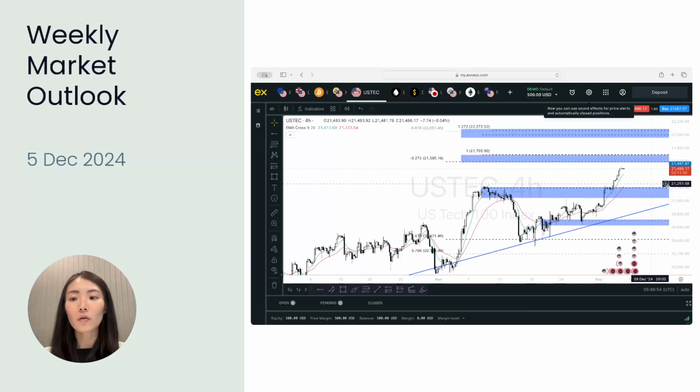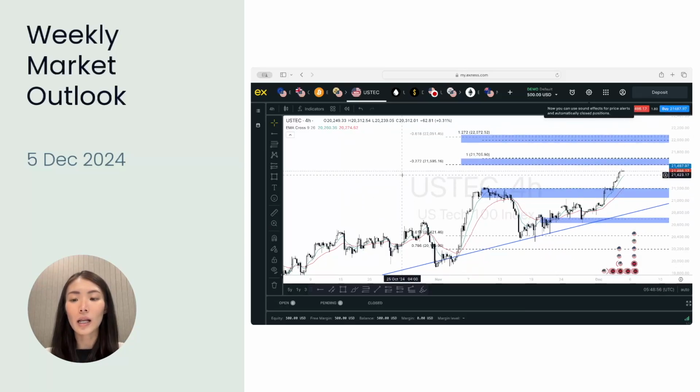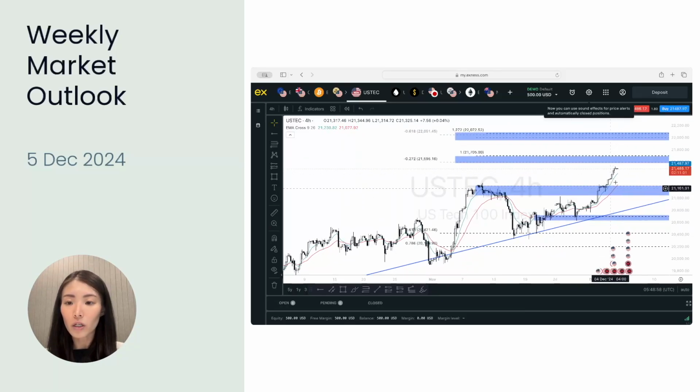So these are the key levels for me. Currently, at least on the daily and 4 hours time frame, we're still seeing that bullish momentum coming through. We're not seeing any shift of market structure that indicates otherwise. So I do think that if price continues to sustain its bullish momentum, we could see a potential rise towards the 21,700 level. And if price sustains its bullish momentum above this zone, a further rally towards the 22,000 level could occur.